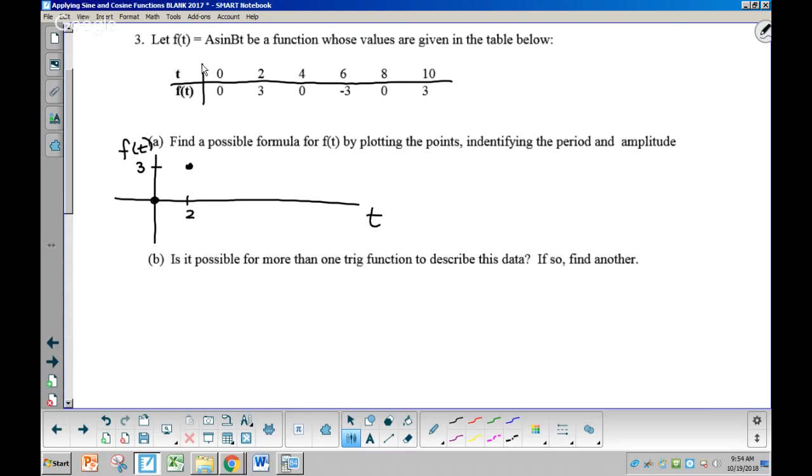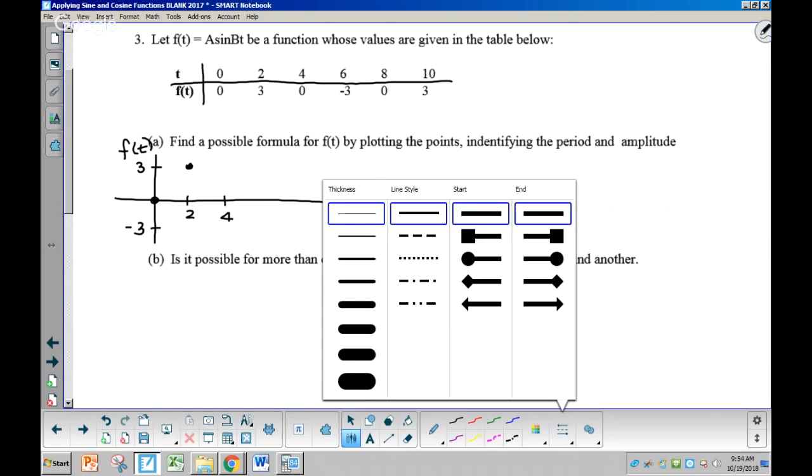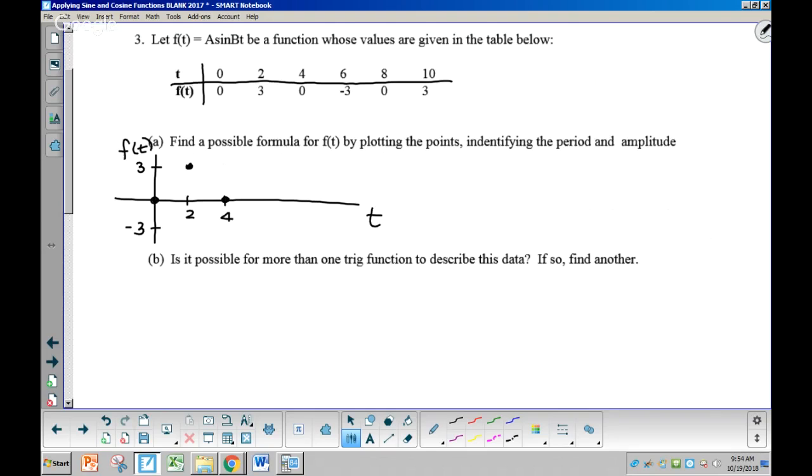And then at 4, we go down to -3. Oh, no, I'm sorry. We go to the midline. And then at 6, we go down to -3.